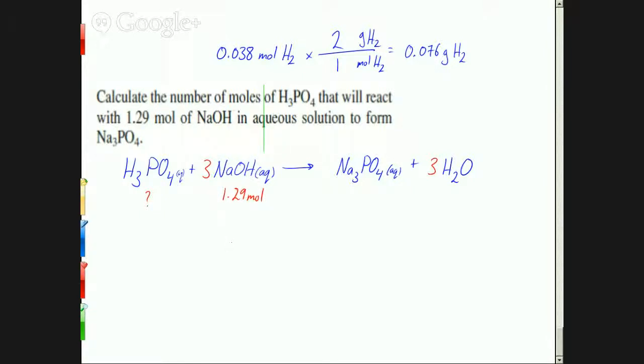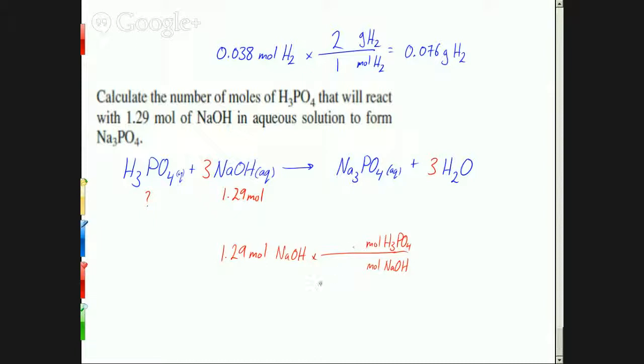Now we're given moles, the counting quantity, which means we can use the molar ratio from the equation to figure this out. So we can say 1.29 moles of sodium hydroxide. We want to cancel moles of sodium hydroxide, and we want to get moles of phosphoric acid.